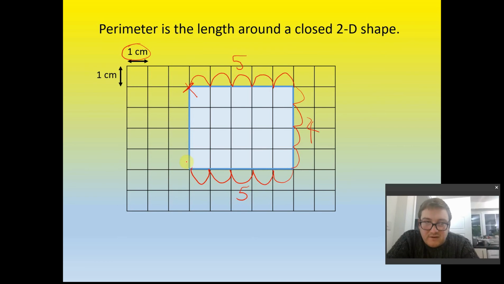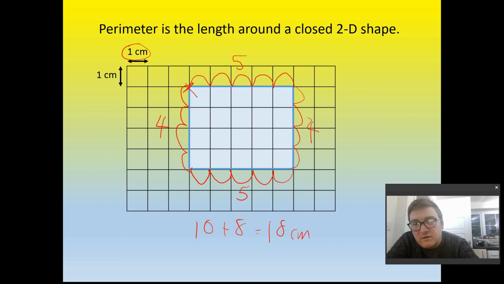I know this length is 5. 1, 2, 3, 4. I know this length is 4. I've got back to my X. I don't need to carry on counting anymore. Now I could add them all up at the end. So 5 and 5 is 10. 4 and 4 is 8. 10 and 8 give me a total of 18 centimeters.